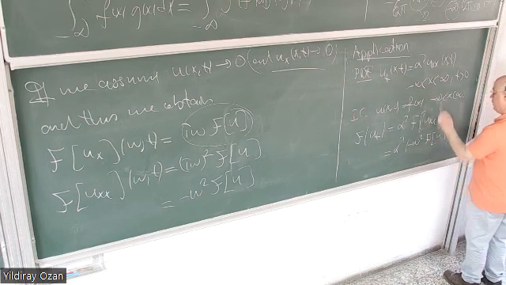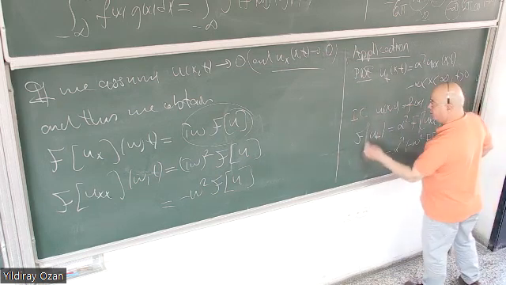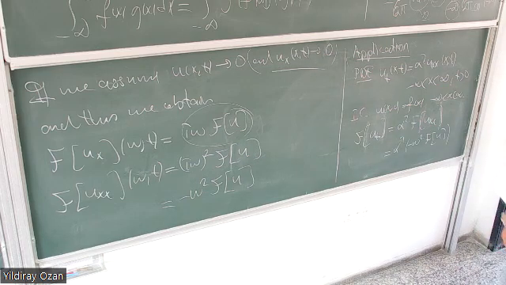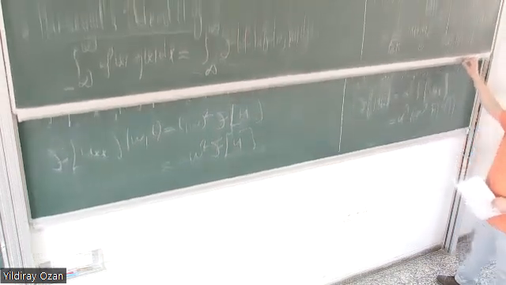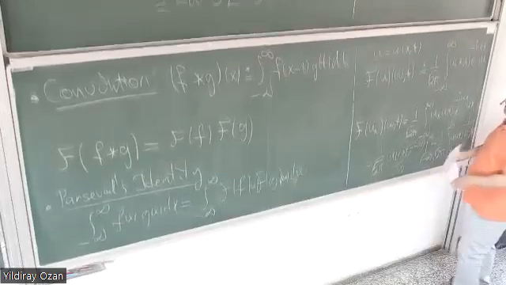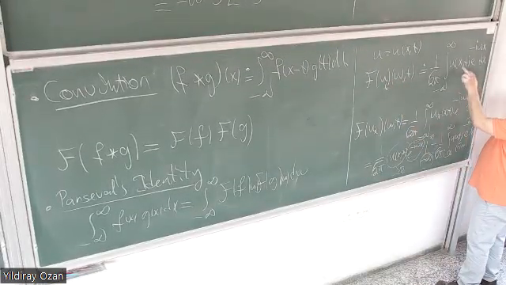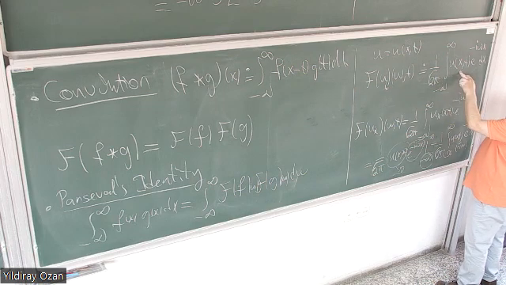What about this one? The Fourier transform of u derivative. Well, you see, here if I write derivative of u, then I need to take the derivative with respect to t, right?